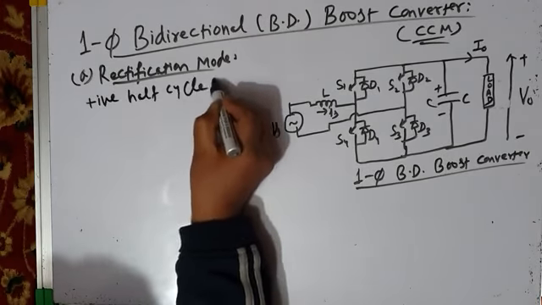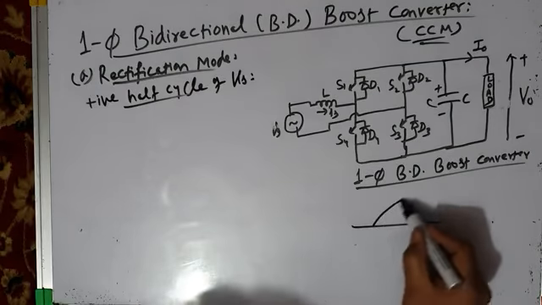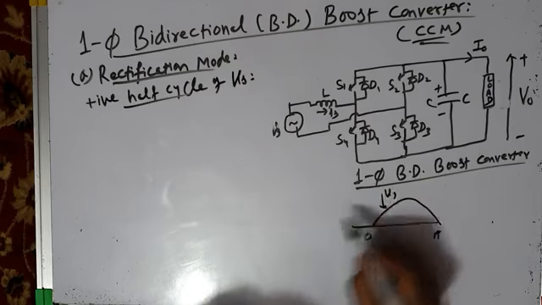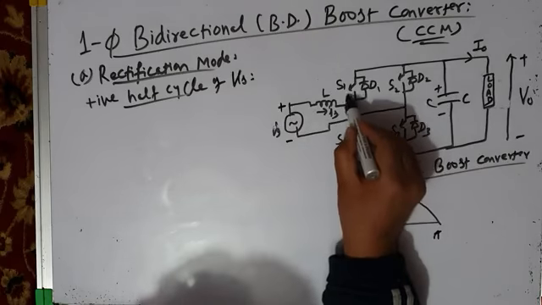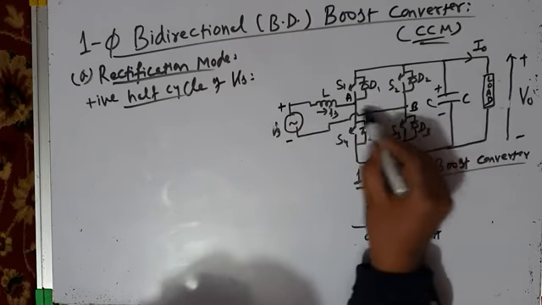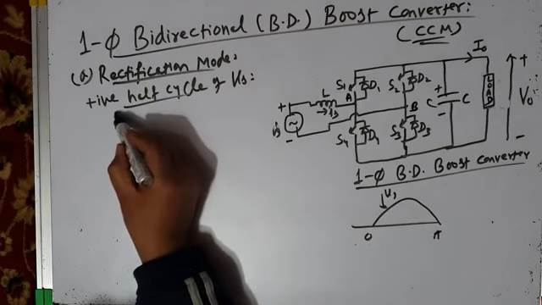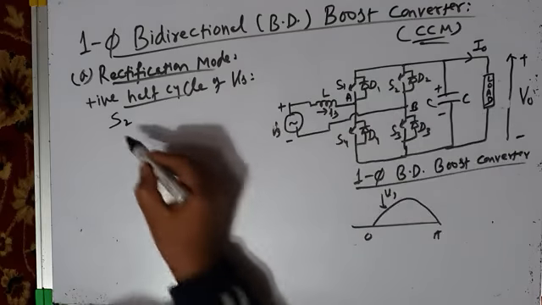cycle of source voltage. And there is positive half cycle of source voltage like this, 0 to pi. This terminal is positive with respect to this. This is A and this is B. What your controller will do, maybe a hysteresis current controller, HCC, it will issue control pulses to S2, S4 pair, not S1, S3 pair.